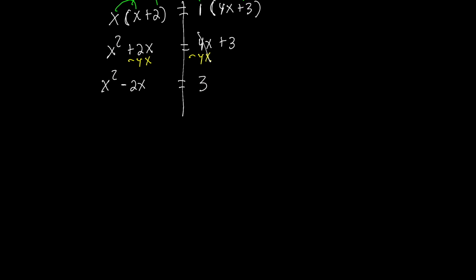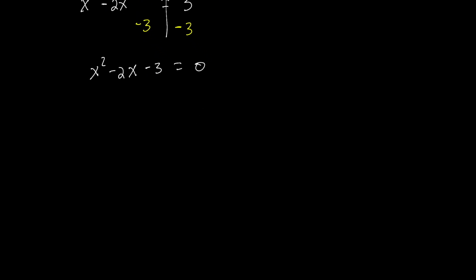And now I'm going to move this 3 to the left-hand side to create a trinomial. So if I subtract 3 from both sides, I'm going to be left with x squared minus 2x minus 3 equal to 0.